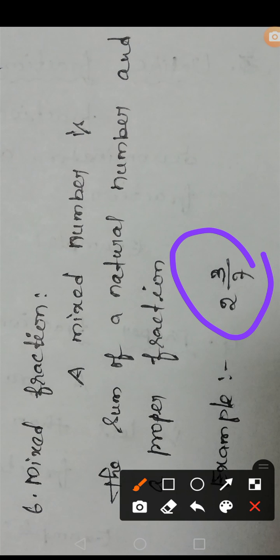So 3 by 7 is a proper fraction, correct? The numerator is less than the denominator, so that is a proper fraction. A proper fraction with a whole number added is what we call a mixed fraction.